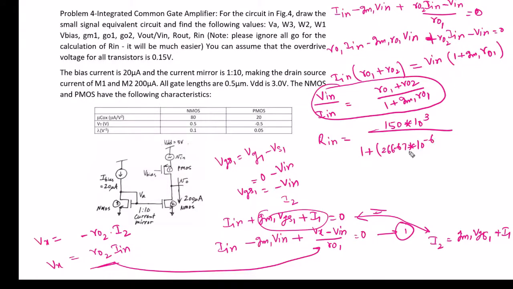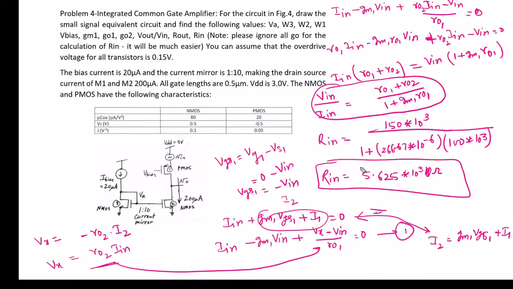GM1 is 266.67 times 10 to the power minus 6, and RO1 is 100 into 10 to the power 3. So Rin will be equal to 5.625 into 10 to the power 3 ohm. So this is not kilo ohm, it is ohm. So it will be 5.625 kilo ohm. So this is the answer for input resistance.